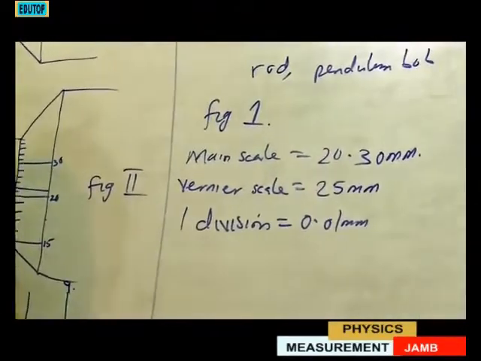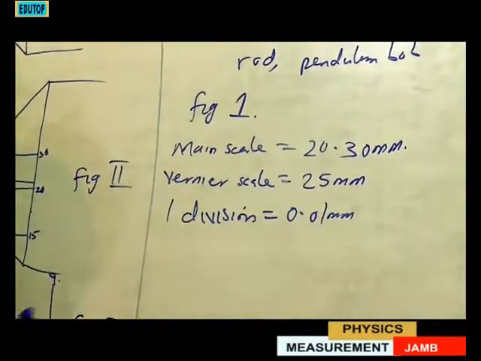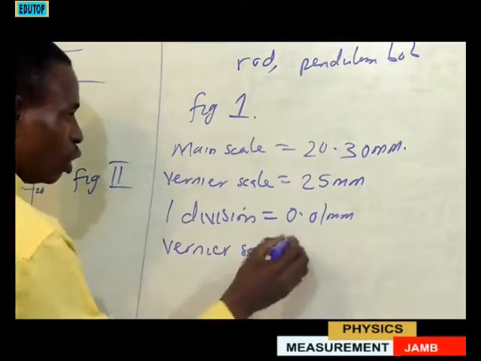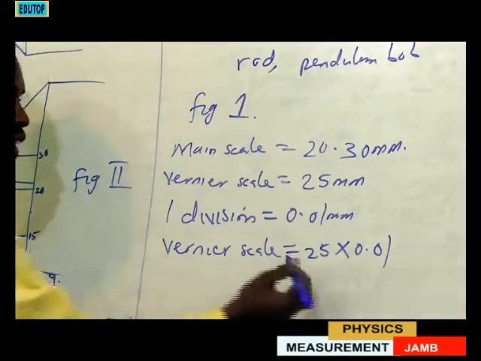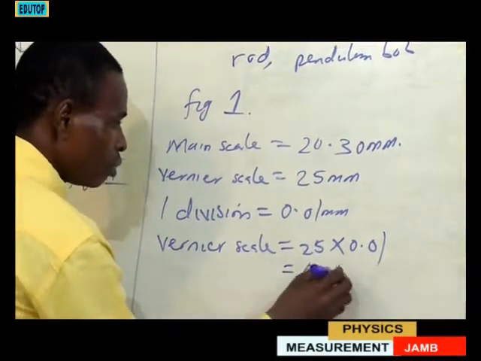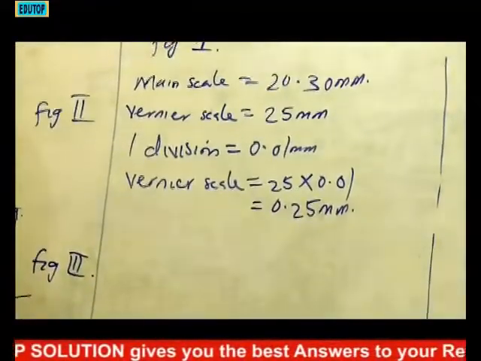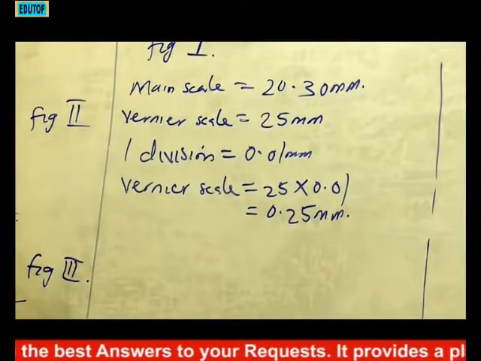So we are multiplying 25 times 0.01, and you are going to have 0.25 millimeter.